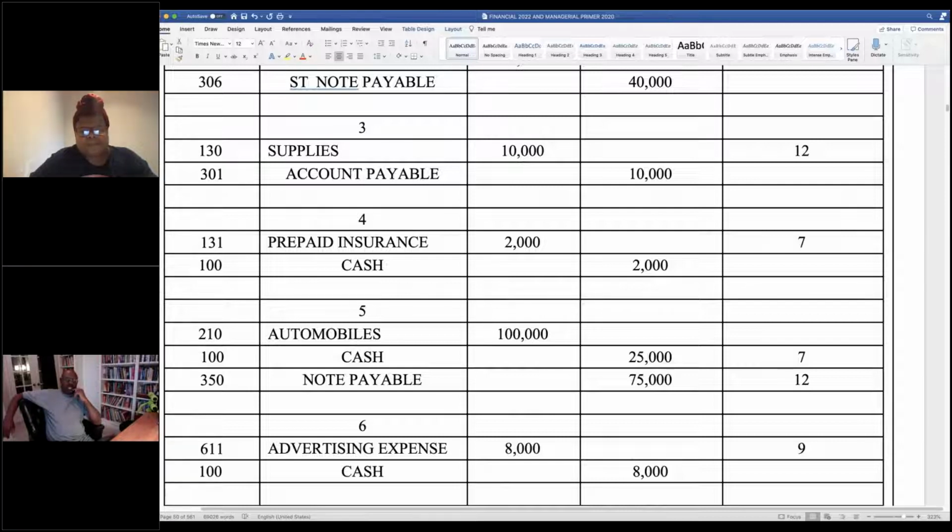Go to the journal entry study problem, get the journal entry that you've been assigned, and make that journal entry now.